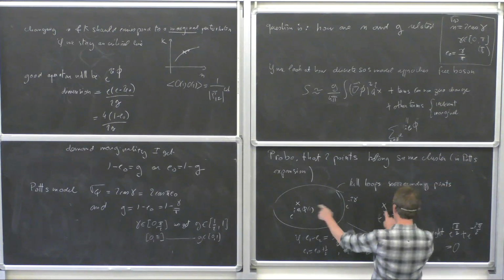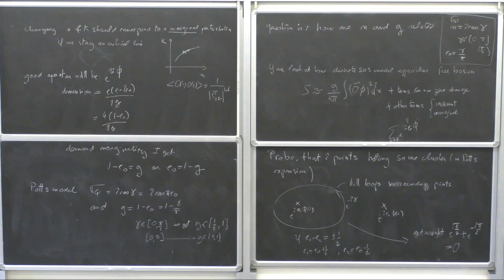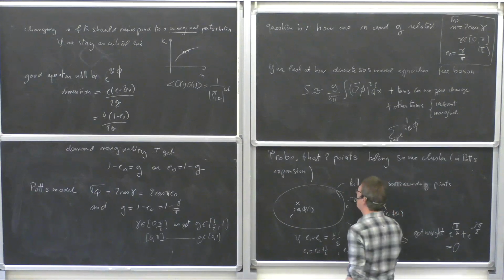Plus, the sum of the two charges is really equal to 0, which is what I want in order to have a non-zero correlation function in my non-neutral Coulomb gas.